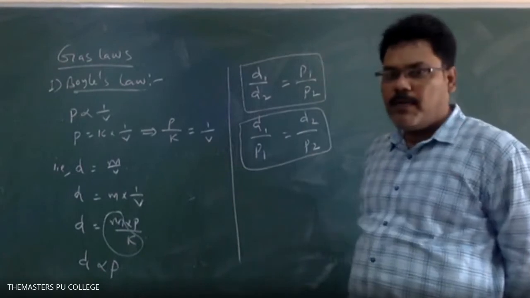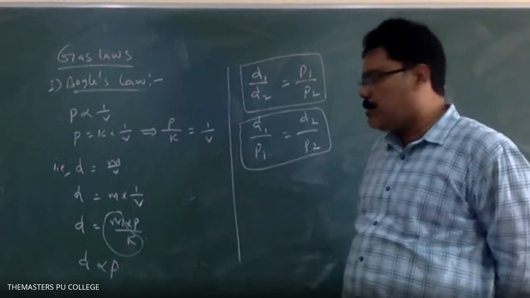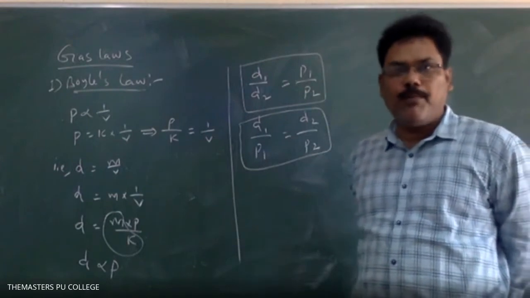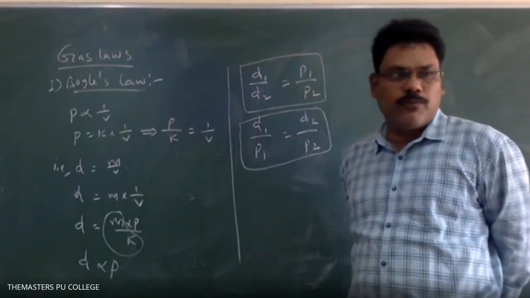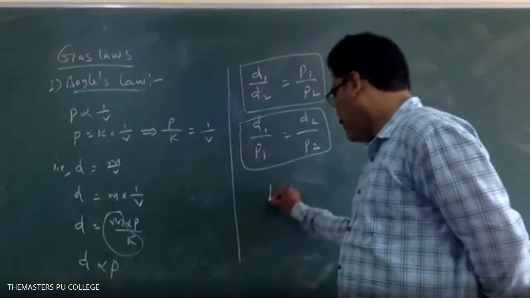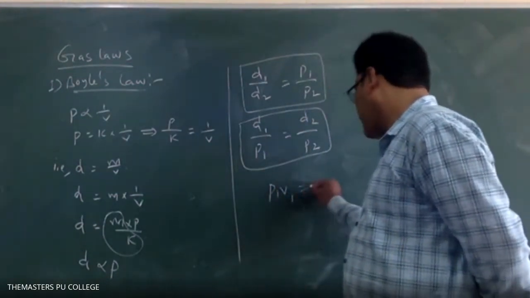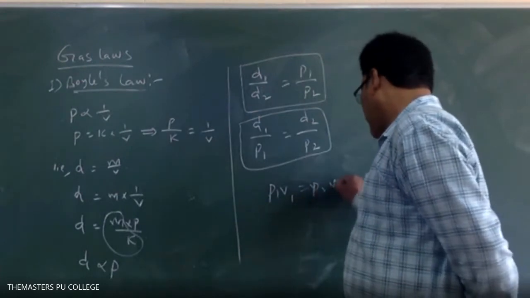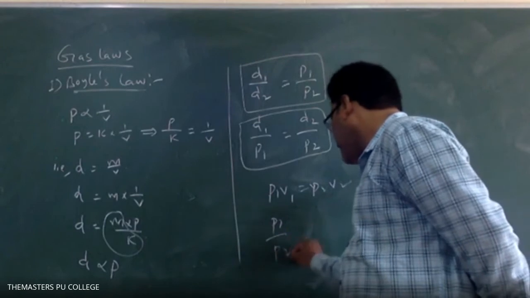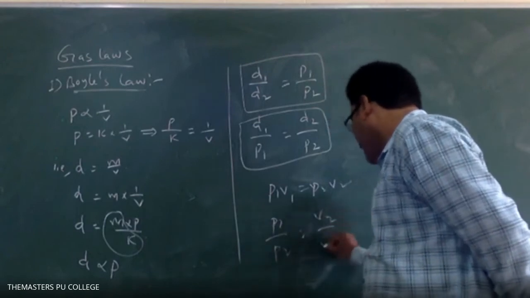So here, from Boyle's law, you have to remember two formulas. That is, PV equal to K. So from that, P1 V1 equal to P2 V2, or P1 by P2 is equal to V2 by V1.